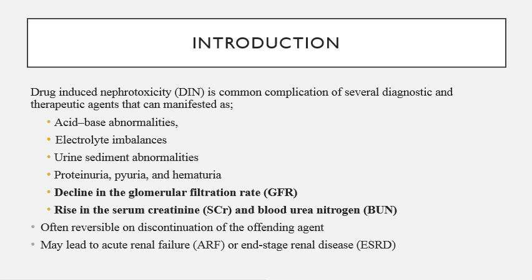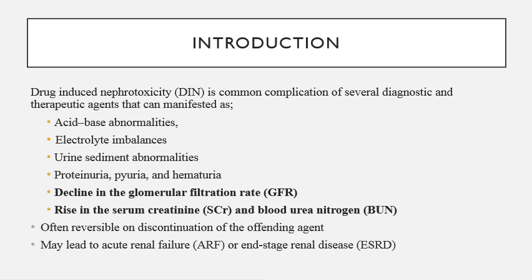In certain other situations, we can determine the renal function by determination of the serum creatinine and the blood urea nitrogen, and that will indicate whether the kidney is functioning normally or not. And of course, the changes in the serum creatinine or blood urea nitrogen will be because of certain drugs.